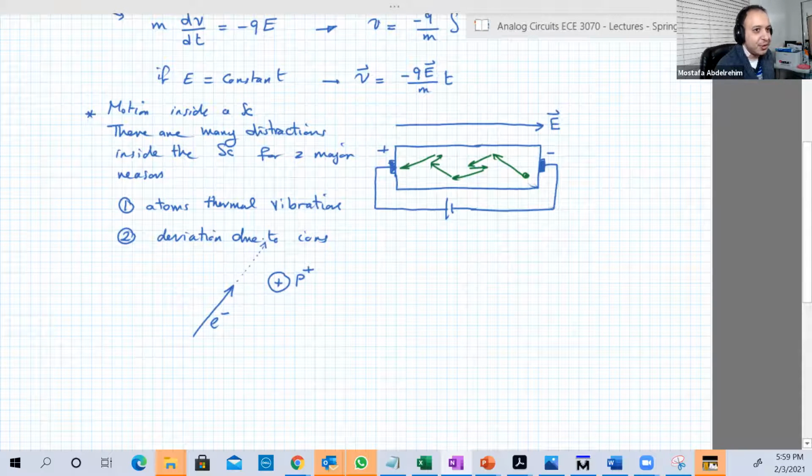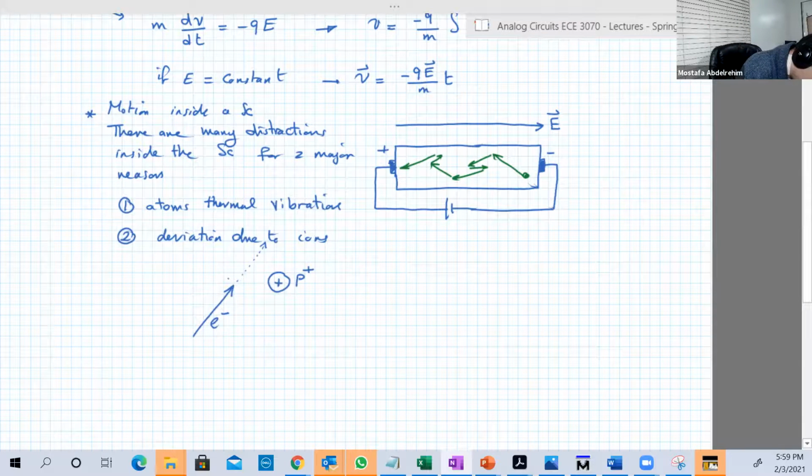Also, due to this positive ion, when the electron reaches some distance from the positive ion, there will be an electric force. Whenever you have two charges, there will be an electric force between them, and in that case it will be an attraction force.